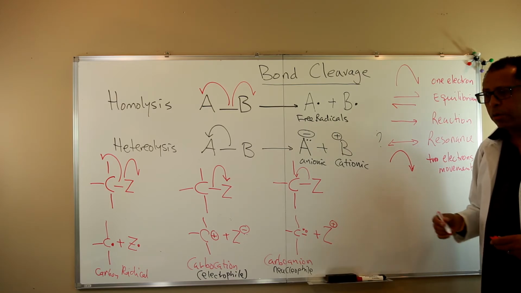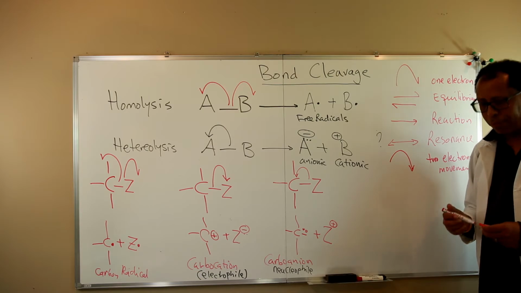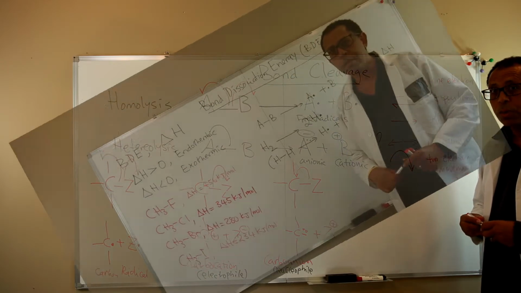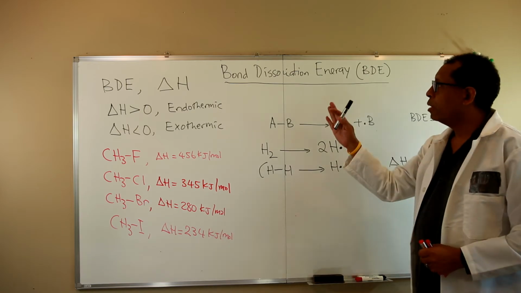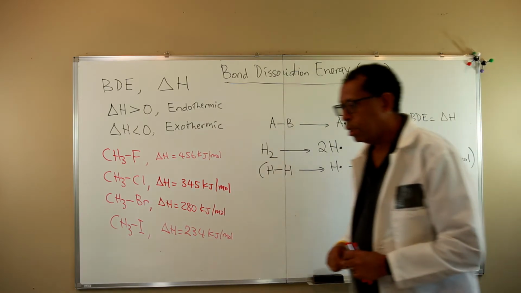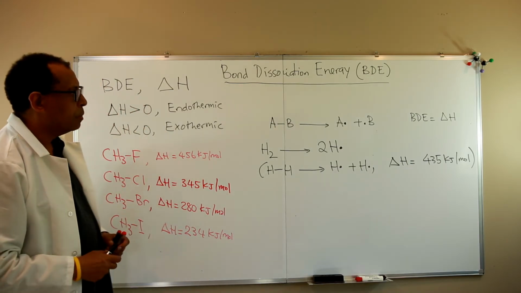So we'll continue with the types of organic reaction, a general summary of organic reactions. We'll just discuss bond dissociation energy. Bond dissociation energy is the energy that is required to break a single bond.